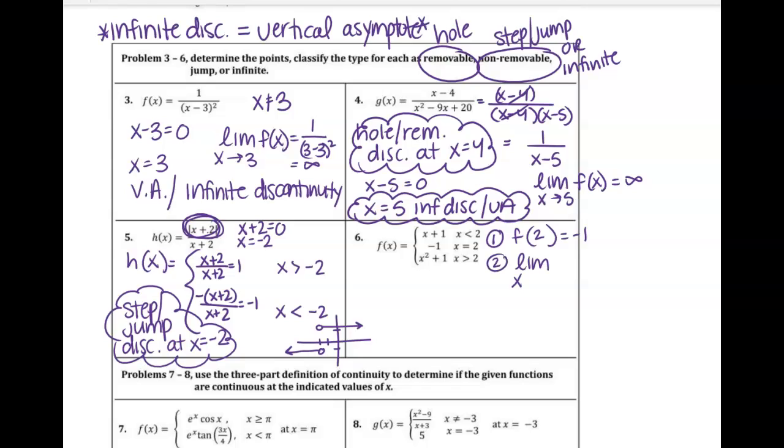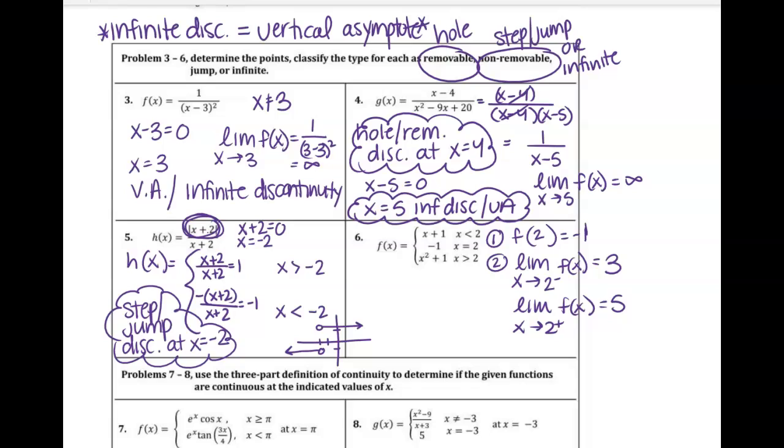The limit as x approaches 2 from the left is less than, we look at the top function, 2 plus 1 is 3. The limit as x approaches 2 from the right of f of x is our bottom function, because right is greater. So 2 squared is 4, plus 1 is 5.